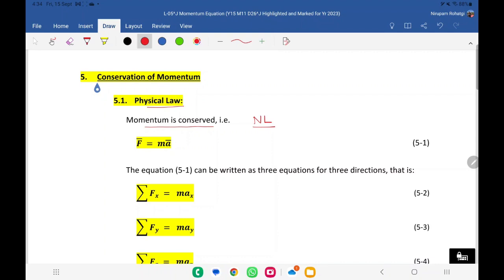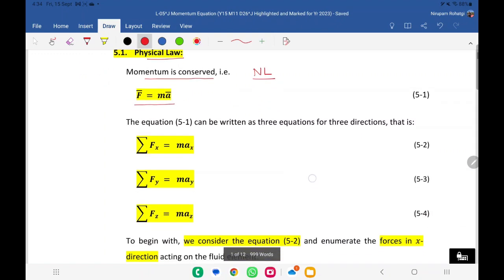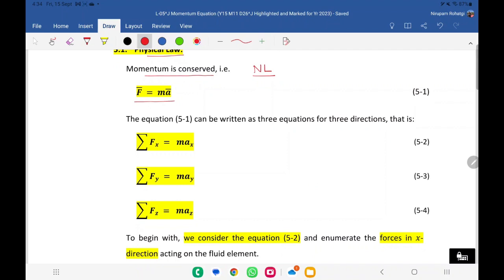Right? The momentum is conserved, which in other words means the sum of forces is equal to mass into acceleration, right? And momentum being a vector term, it can be divided into three equations.